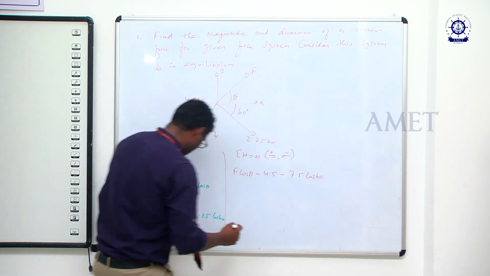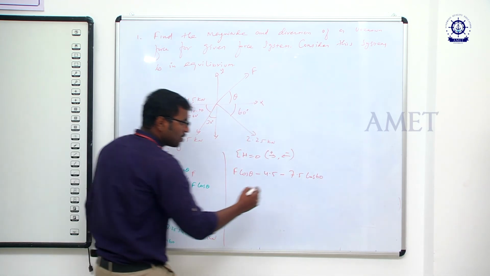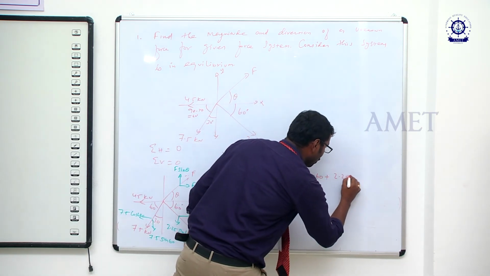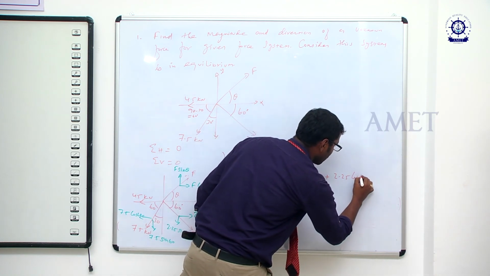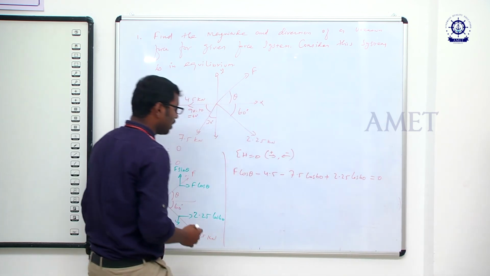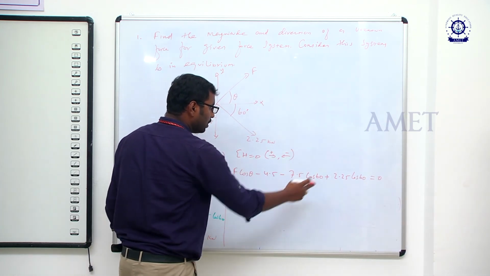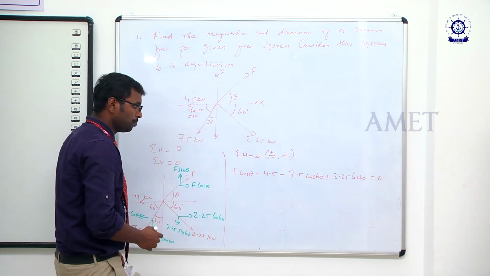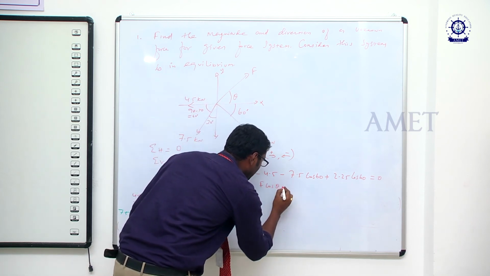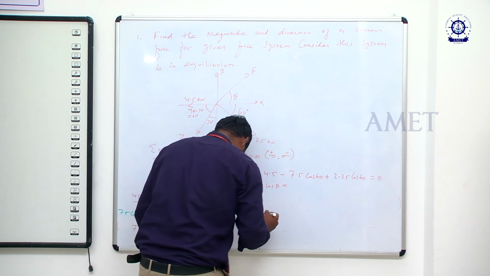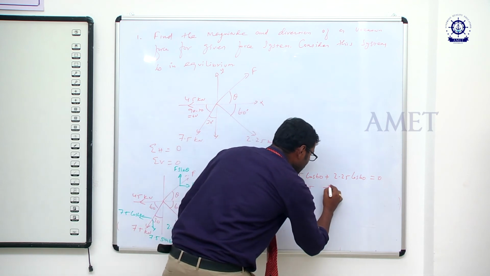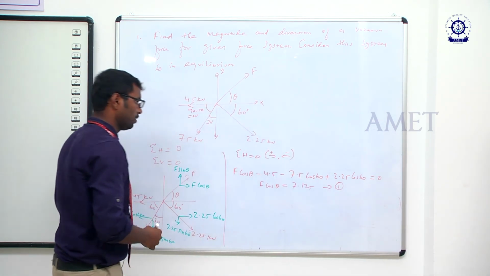The next one is acting towards the right side, so I give a positive sign, 2.25 cos 60, equal to 0, because the system is in equilibrium. While solving this equation, we get F cos theta equal to 7.125. Let me consider this as equation 1.